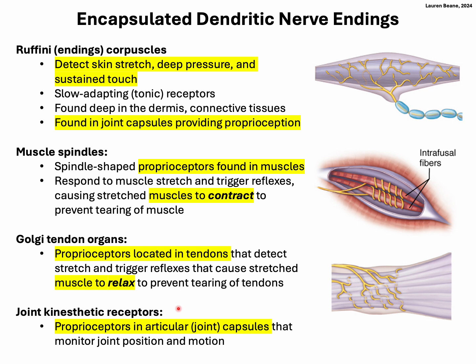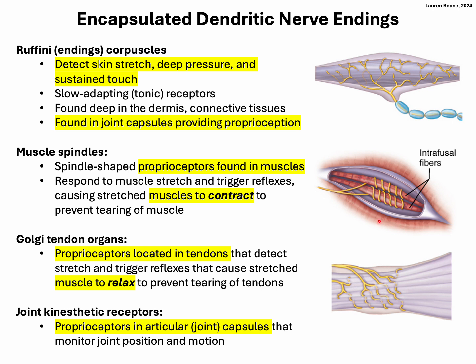Golgi tendon organs, these are within tendons, really at the transition between muscle to tendon. These are also responsive to detecting stretch in the tendon and can trigger reflexes that cause a stretched muscle to relax and prevent tearing of tendons.